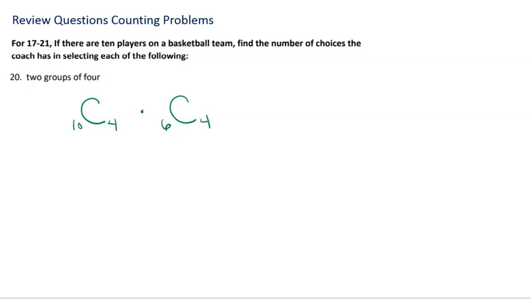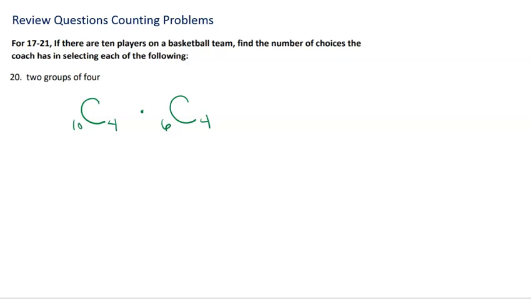So here's the problem though. When you pick a group of 4 people, and then over here you pick a group of 4 people, there may be repetition within this group and this group.